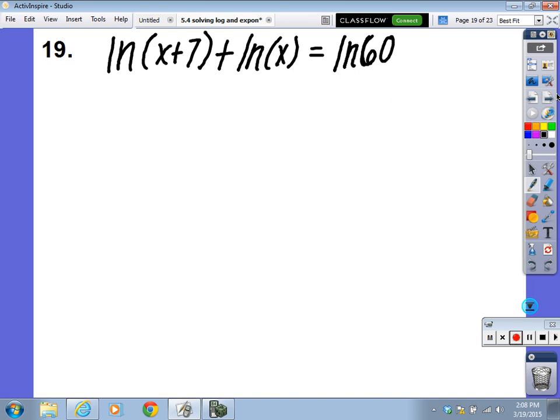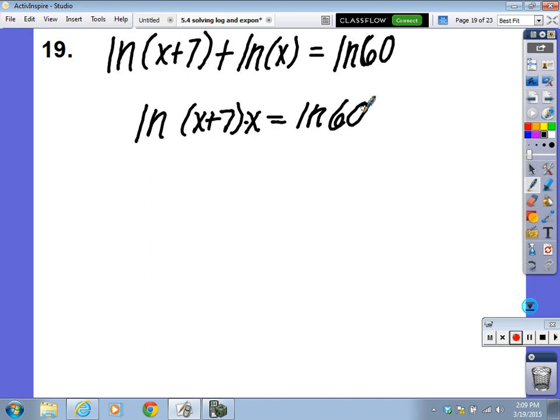So we know properties of ln, say we're going to rewrite this as ln of x plus 7 times x, which is equal to ln of 60. Okay, so now from here, I need to undo ln, so I'm going to take the e of both sides. So ln and e divide out, so we have x plus 7 times x is equal to 60.